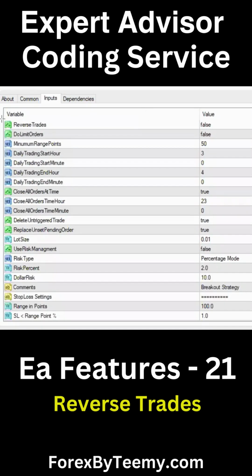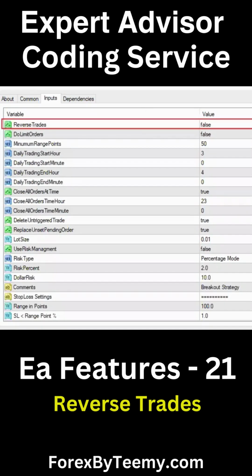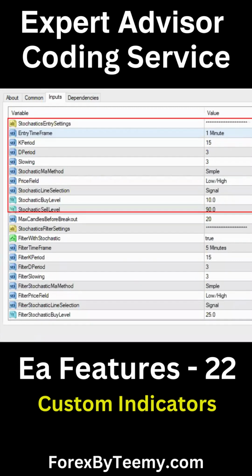The reverse trades option, all right, allows you to reverse a strategy, true or false. There are several rules on that for each client depending on what they want. Normally the time frame is default, with the values of the K period, D period, and then this one.